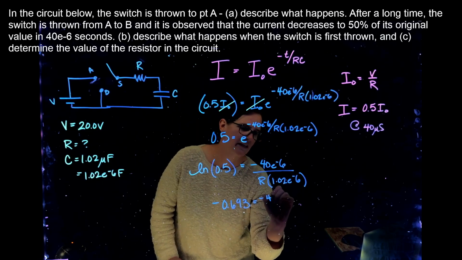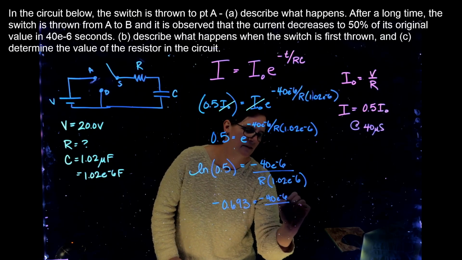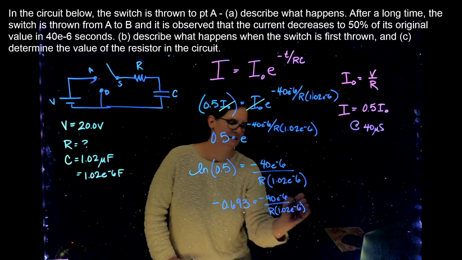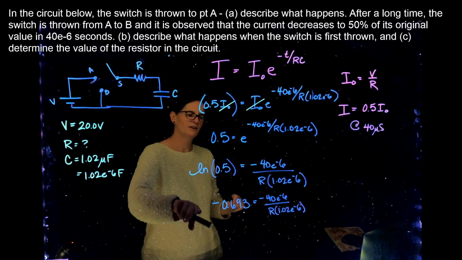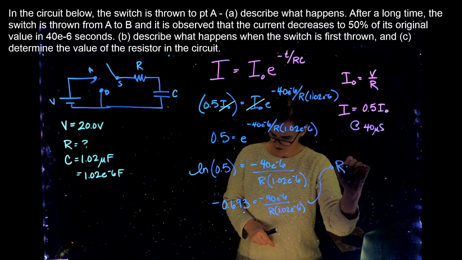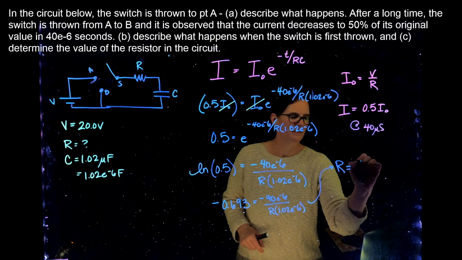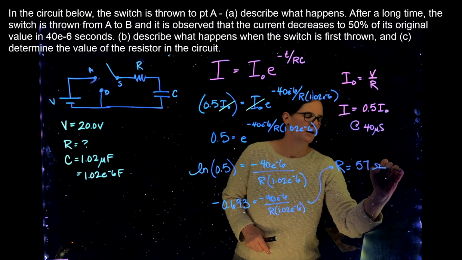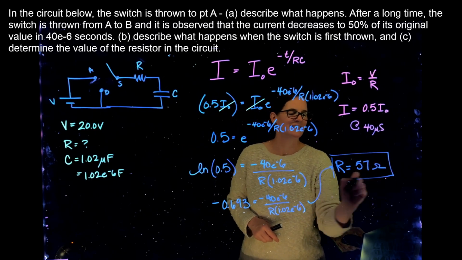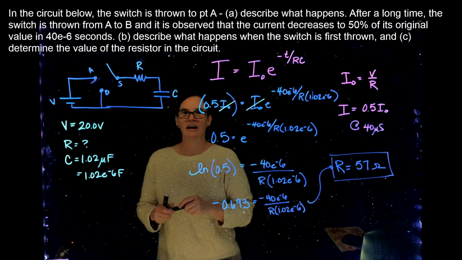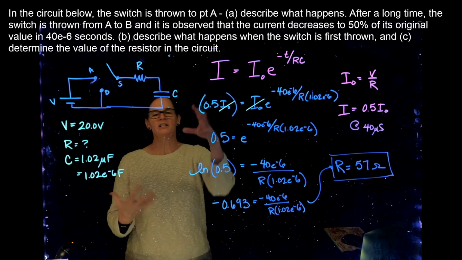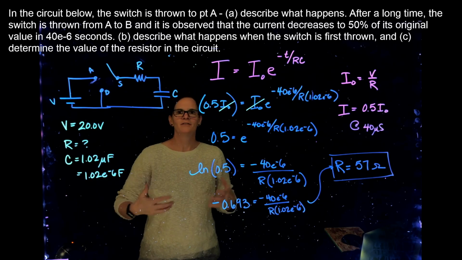I'm going to bring R over here, divide by negative 0.693, and I end up with R equal to 57 ohms. So I can determine the resistance in that circuit if I know the time it takes for the current to reach a proportion of its original current.